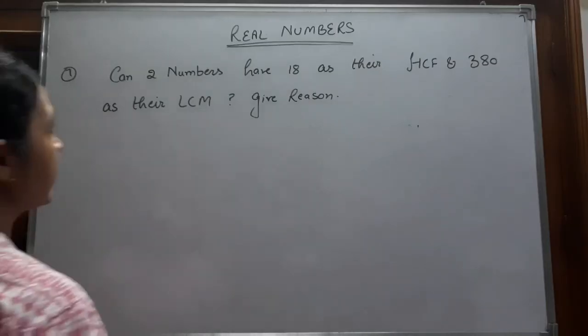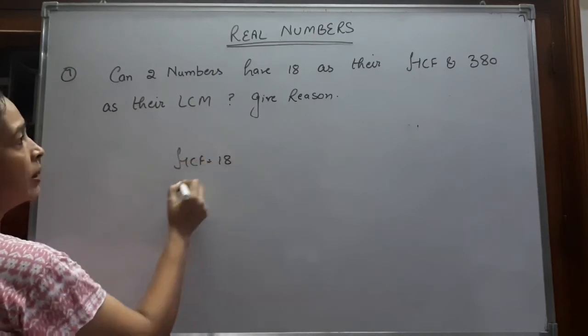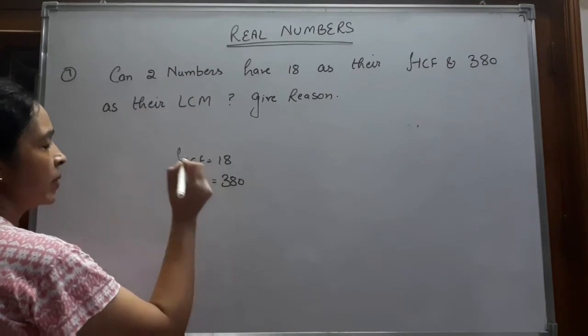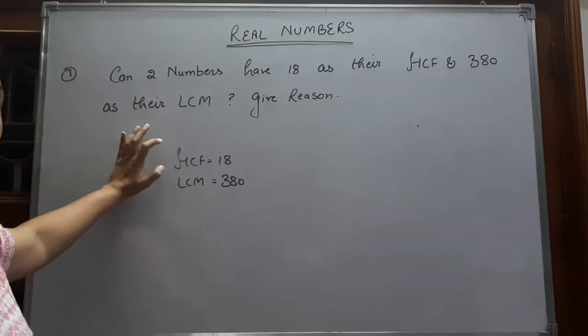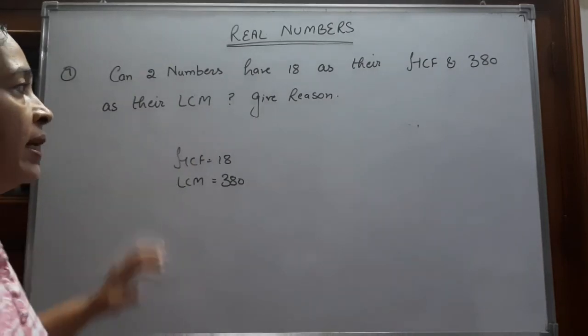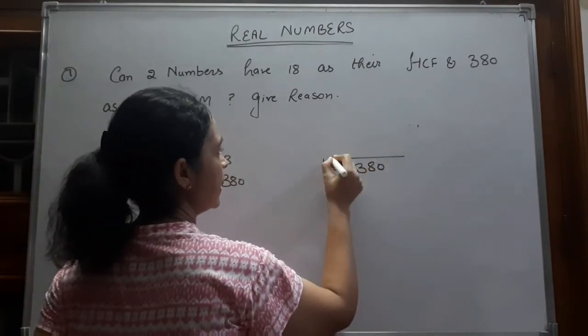Can two numbers have 18 as HCF and 380 as LCM? Is it possible that we have two numbers and the HCF of those two numbers is 18 and the LCM is 380? Let's divide 380 by 18.